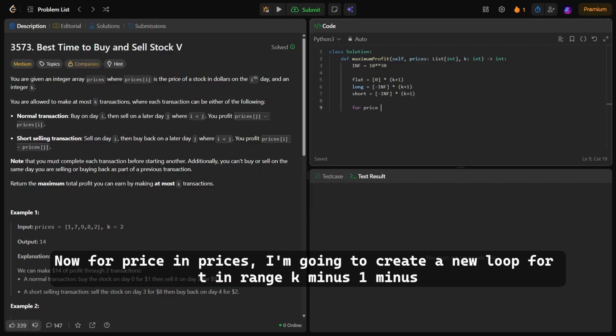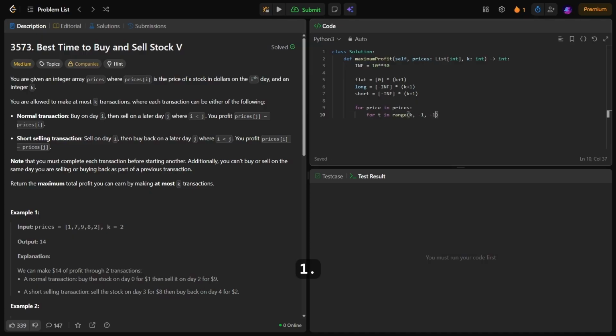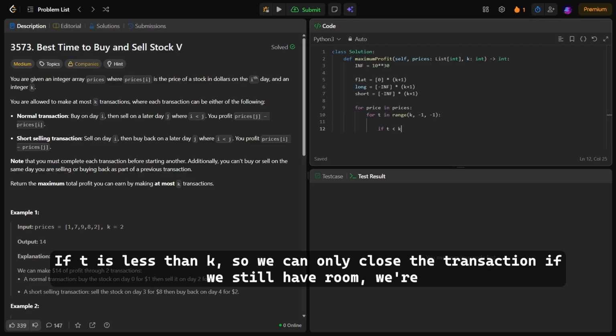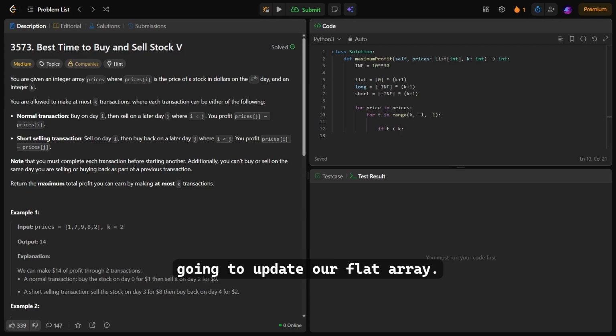Now for price in prices, I'm going to create a new loop for t in range from k down to 0. This is going to loop backwards to avoid overwriting needed states. If t is less than k, so we can only close a transaction if we still have room, we're going to update our flat array.